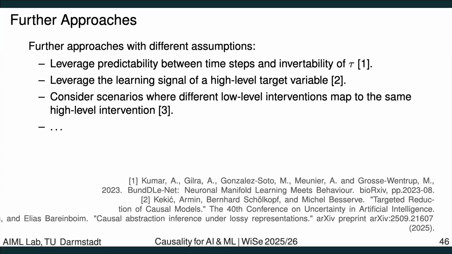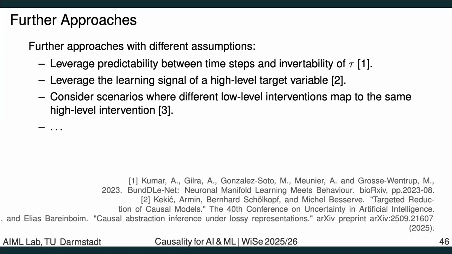Then in practice you need to balance how bijective you want your tau abstraction to be. It's a trade-off between the complexity that you allow in your high-level model and the ability to reconstruct the low-level model.